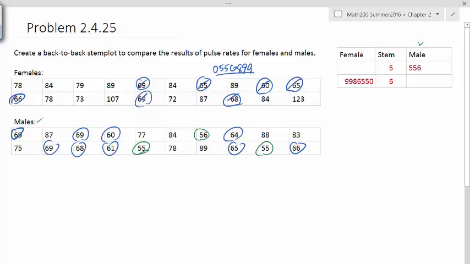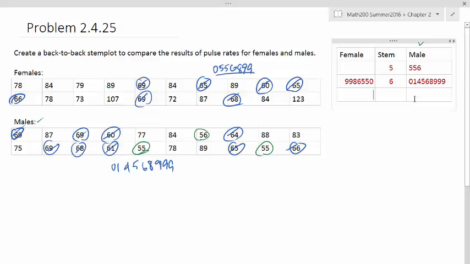Again, putting them in order, I'll start with a 0, and then here's a 1, and then there's no 2s, 3s, and here's a 4, and a 5 and a 6, and an 8, and then three 9s. So now, since this is on the right side, this can be written in the order I have here. So I'll start with a 0, 1, 4, 5, 6, 8, 9, 9, 9.